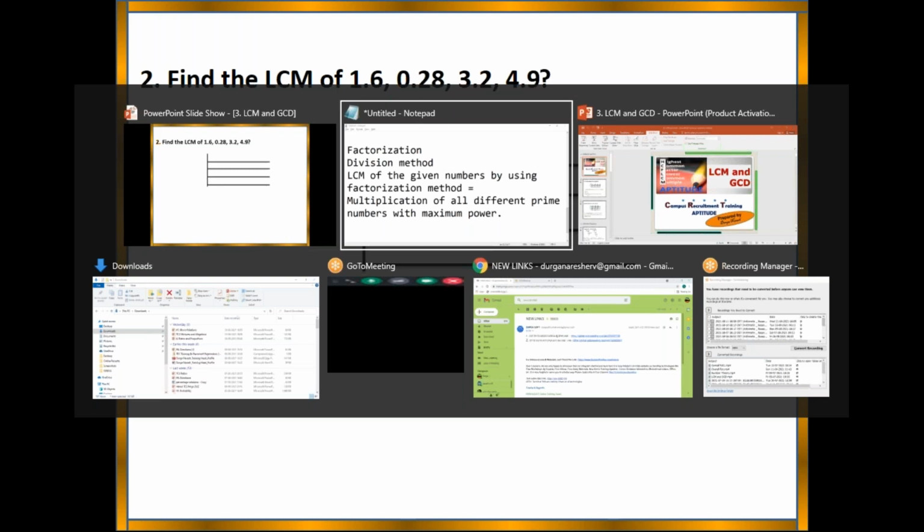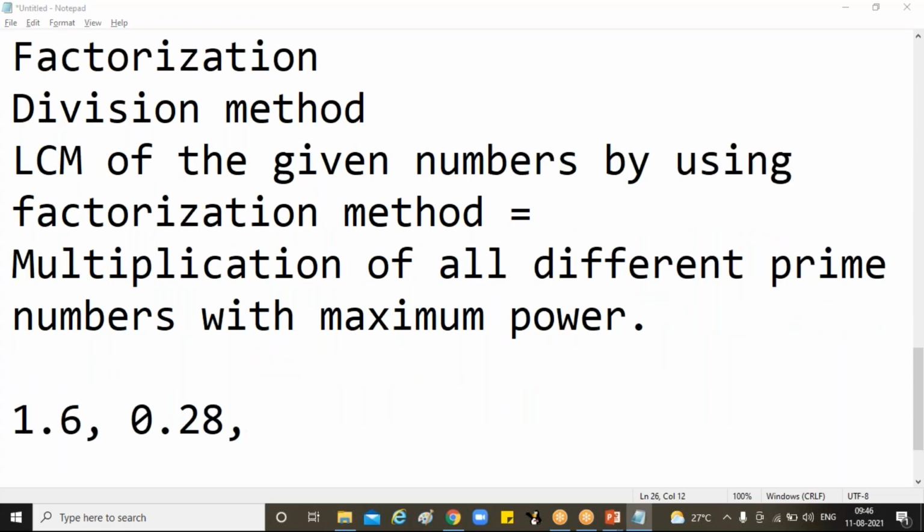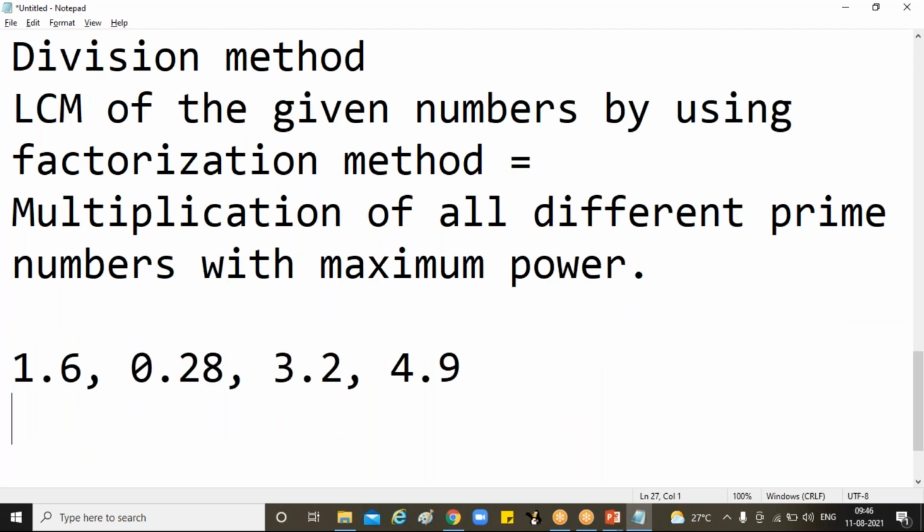So here 1.6, 0.28, 3.2, 4.9. If you multiply each number with 10, 1.6 becomes 16, 3.2 and 4.9 are also changed to integers, but 0.28 is not an integer.